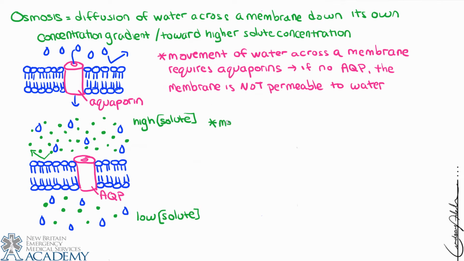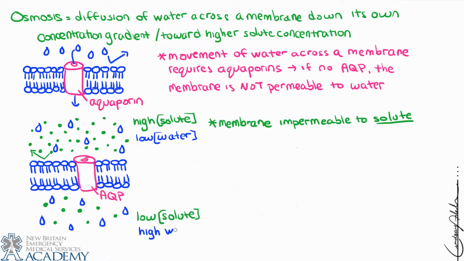Now, although it appears that the water concentration is equal on either side of the membrane, in comparison to the solute, we would say that there's a relative low water concentration on the side with the high solute and a relative high water concentration on the side with the low solute. So the water can cross the membrane.